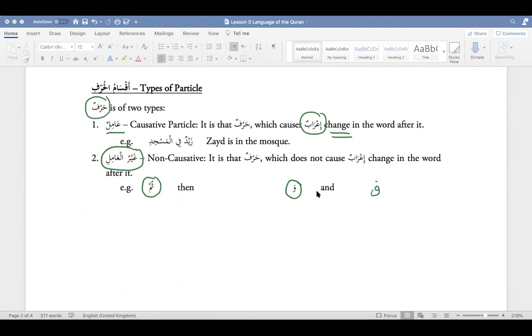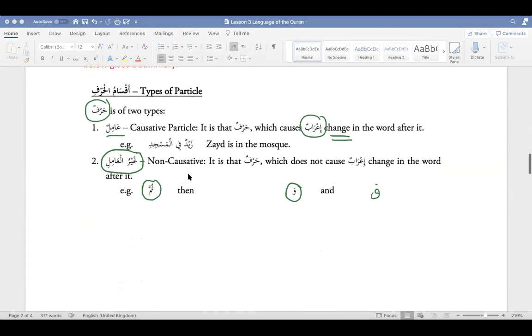For example, ana wa Zaydun, me and Zayd. So it's in a list form. So you have those huruf that govern and those that don't govern.